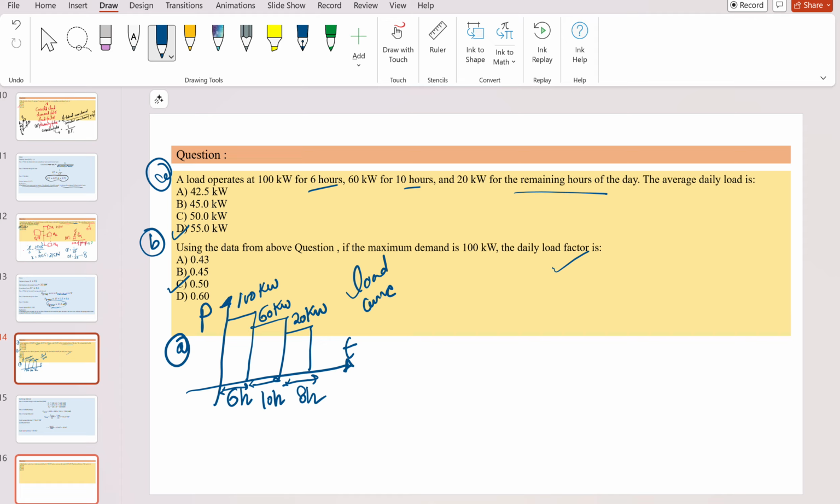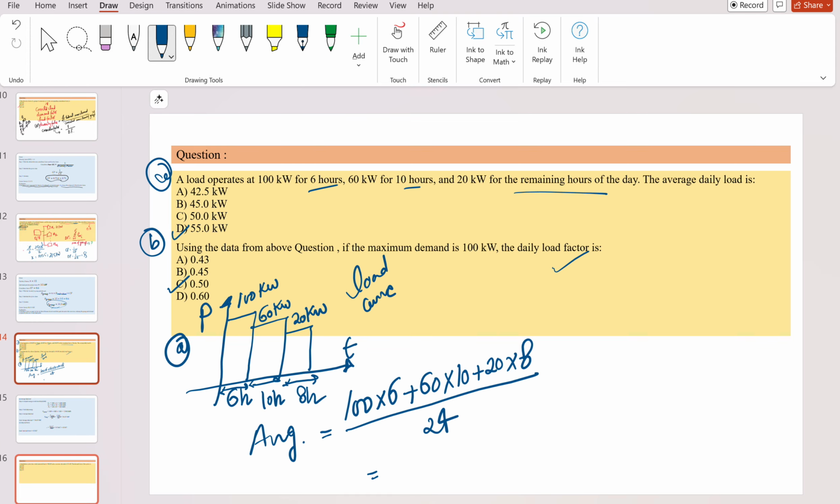Let's try to find out what the average of it is. Average will be equal to 100 multiplied by 6 plus 60 multiplied by 10 plus 20 multiplied by 8, divided by 24. Let's solve it.